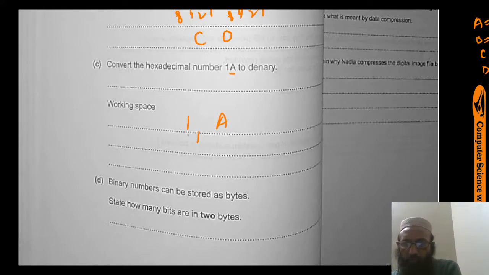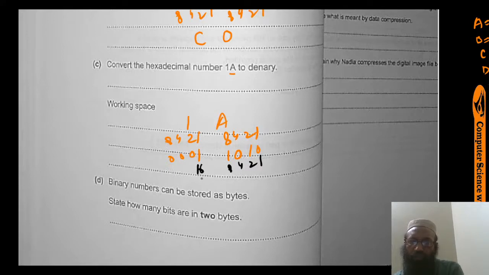We write down 1, 2, 4, 8. 1 and A is 10, which means 8 plus 2. Then we convert this number: 1, 2, 4, 8, 16. 16 and 8 is 24, 24 and 2 is 26.